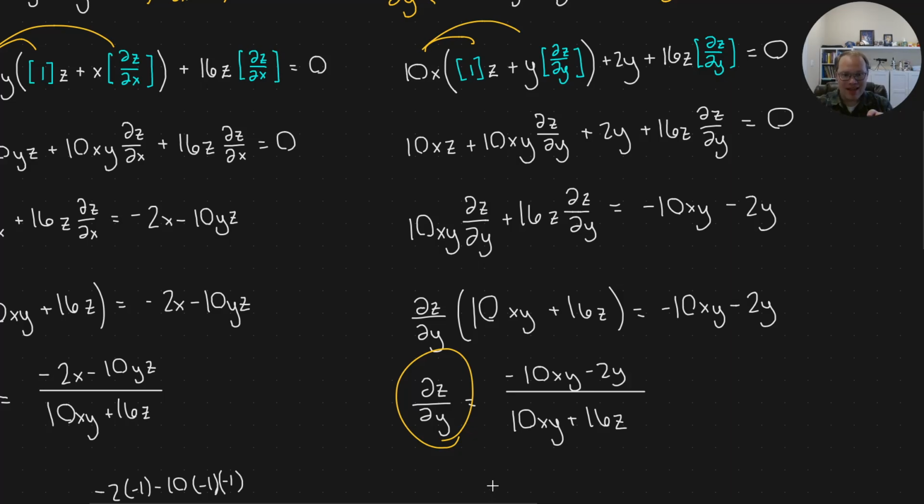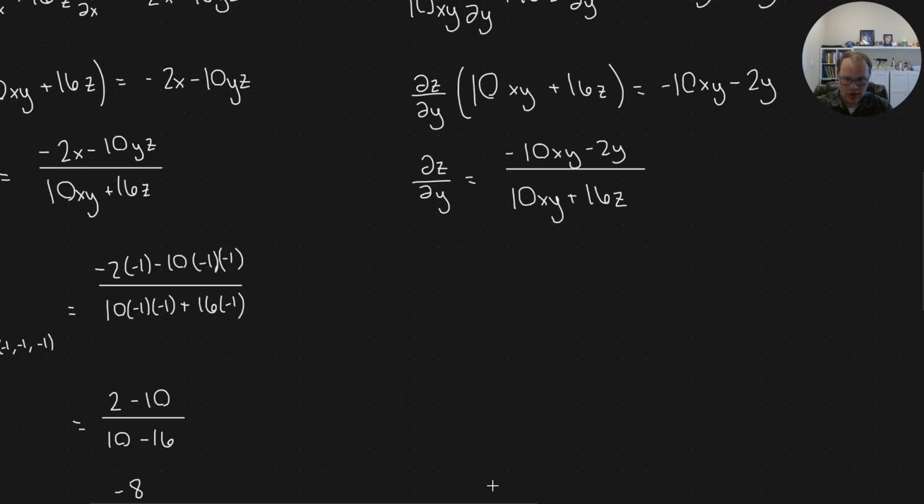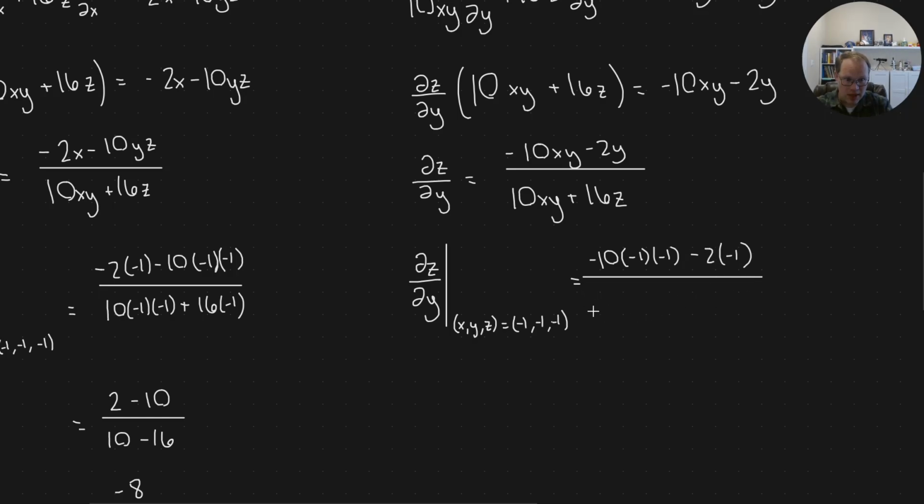I'm interested in that partial derivative value at the point -1, -1, -1. Okay, so now plug in -1, -1, -1. And I get -10 times -1 times -1 minus 2 times -1 divided by 10 times -1 times -1 plus 16 times -1.